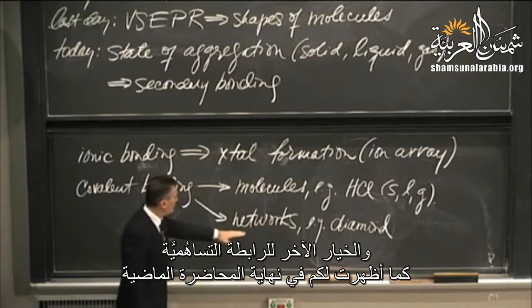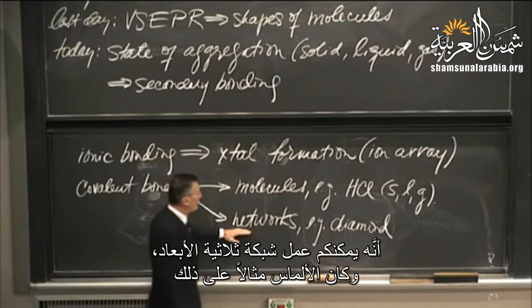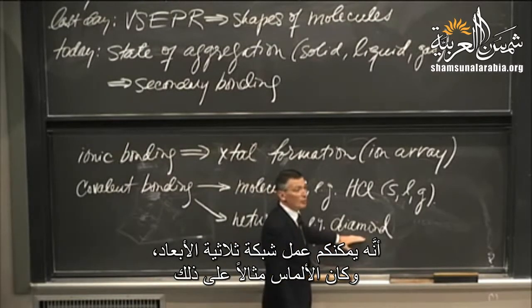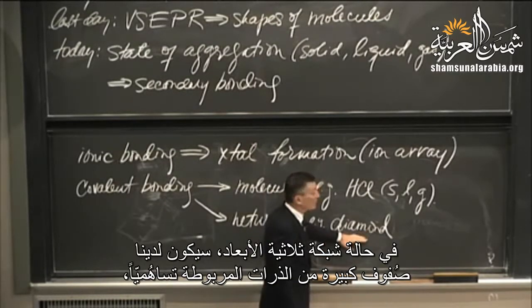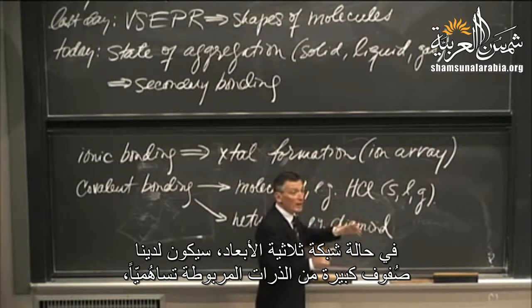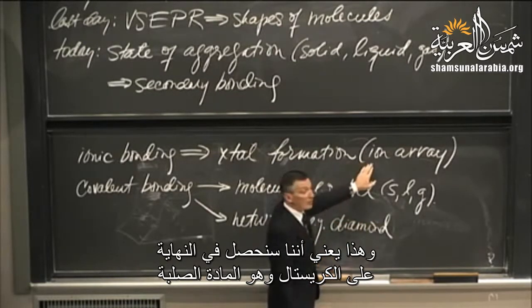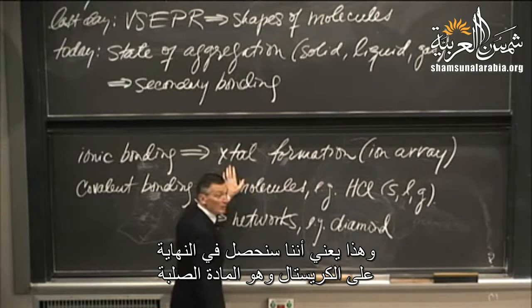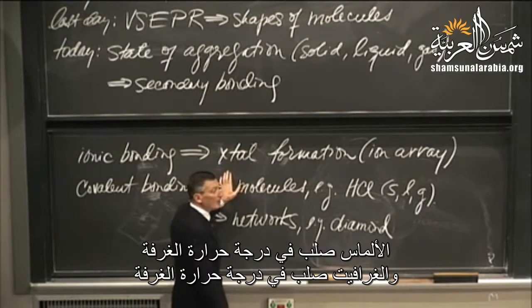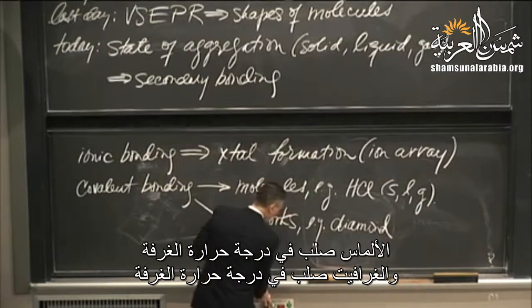Or, I showed you at the end of last lecture, you could make a three-dimensional network, and diamond was one example. If it's a three-dimensional network that is a large array of solid, then that means you're going to end up with formation of a crystal, which is going to give you a solid. Diamond is solid at room temperature, graphite is solid at room temperature.